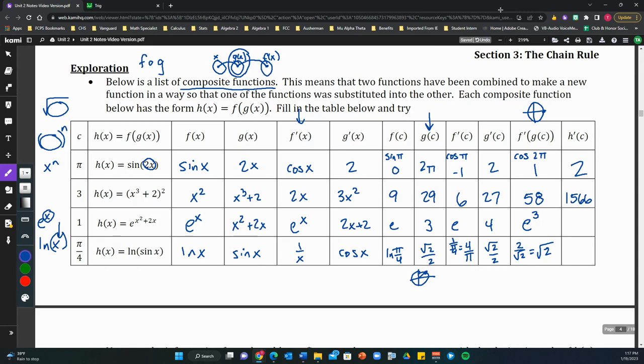The slope of this e to the x squared plus 2x function when x equals 1 is actually 4e to the third power. And then the last guy, the derivative value of natural log sine of x at x equals pi over 4 is actually just 1.